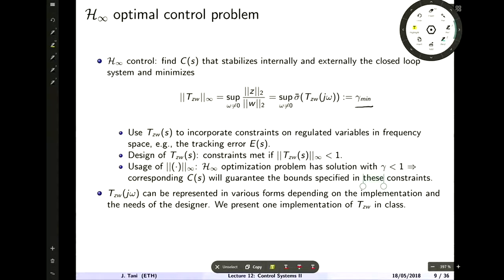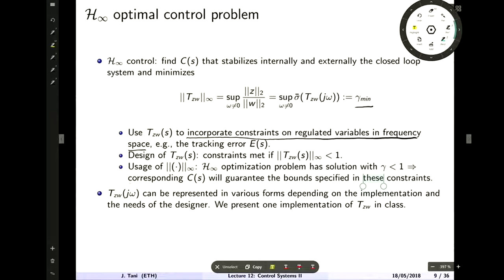So whenever you see a gamma, this is the minimum value of this TCW. So what are we doing now? We take this extended system, TCW, and we incorporate constraints on regulated variables in frequency space inside TCW, for instance, on the tracking error E. We design TCW in a way that if the TCW infinity norm is less than 1, then our constraints are met.